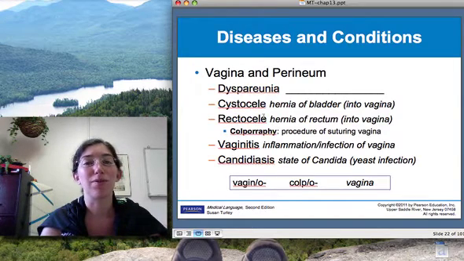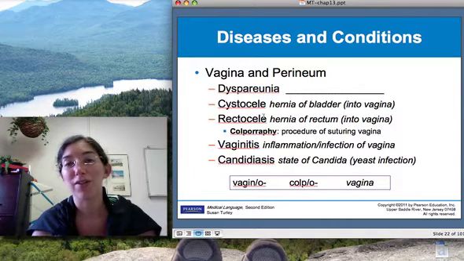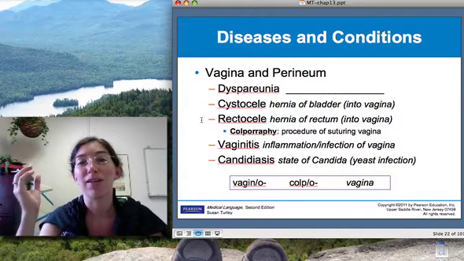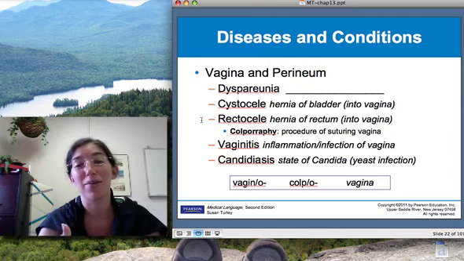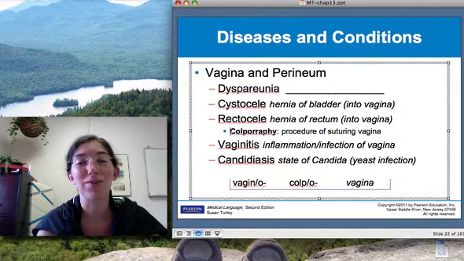Both of these are due to a weakening of the vaginal wall for some reason or other, childbirth, labor being one more common reason. So if the vaginal wall tears in a way that allows one of those other compartments to herniate in, you have to sew it back up using colporrhaphy, the process of suturing the vagina.